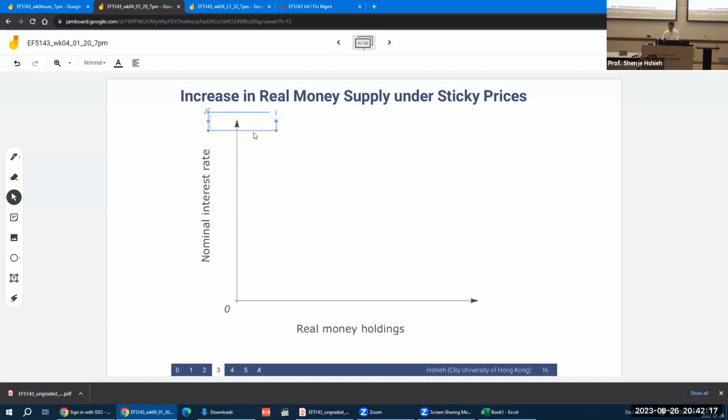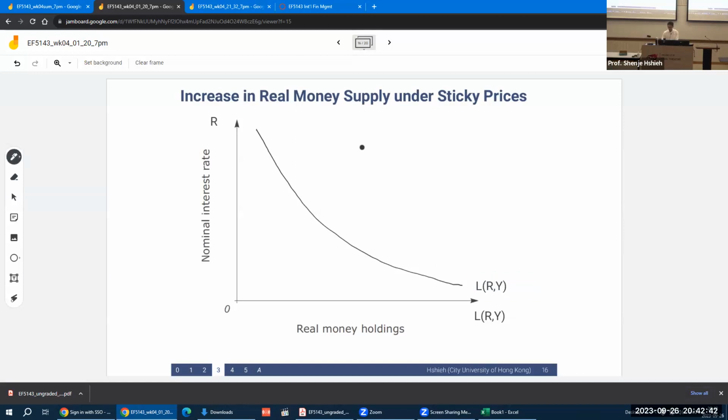So just like the previous slides, I will label all my axes and I will have a starting equilibrium to conduct my analysis. So let's do that. We have a downward money demand curve, and I'm going to label this LRY.